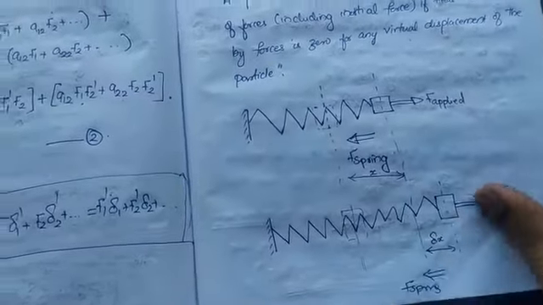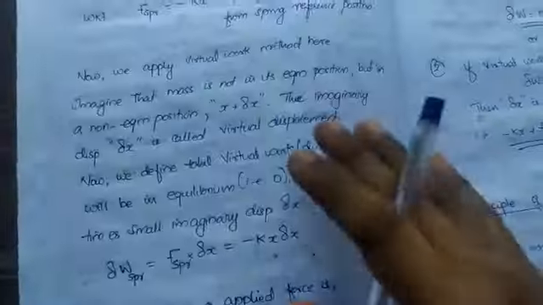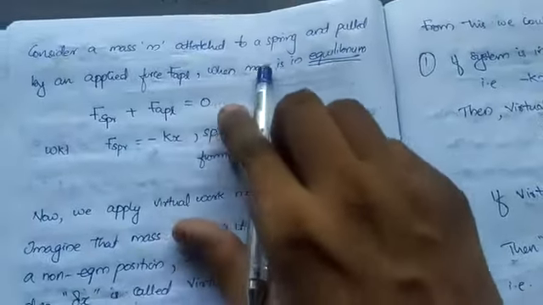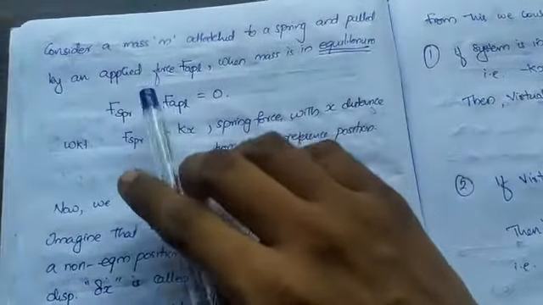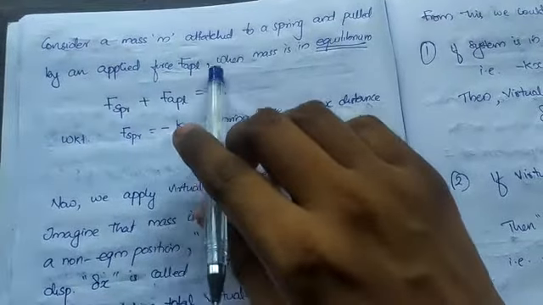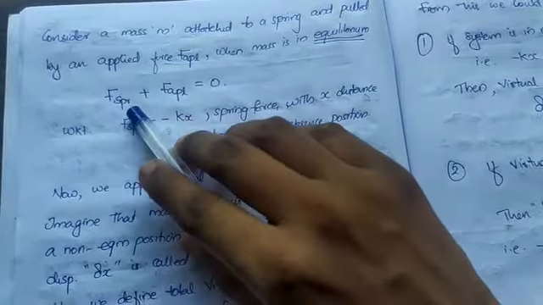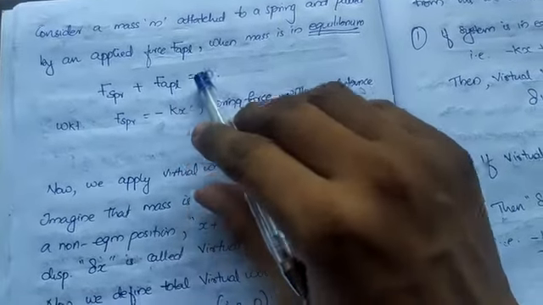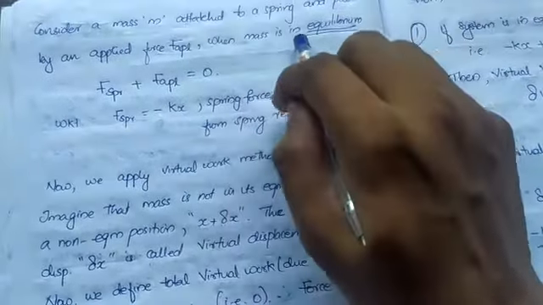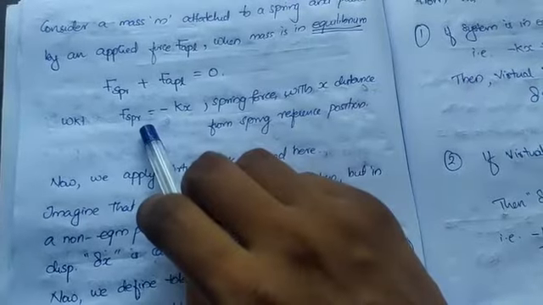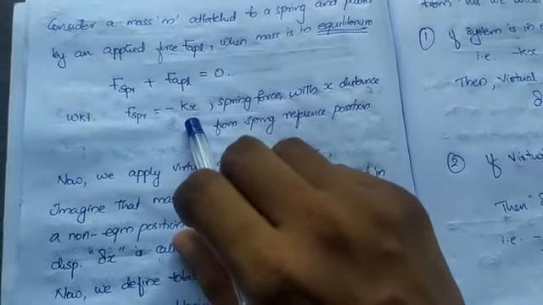Again we'll see what the equations will be. Consider a mass attached to a spring and pulled by an applied force. When the mass is in equilibrium, the total force will be the spring force and the applied force, which will be zero because the system is in equilibrium. We know the spring force is minus kx.